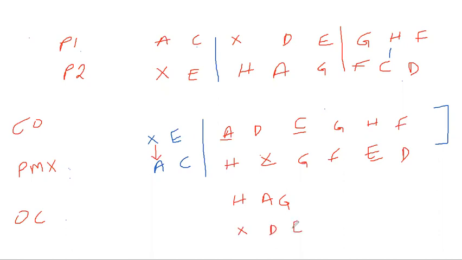So these are directly exchanged. Now from here I start traversing. G is occurring, so G will not come. H is there, H will not come again. I fill this position with F. So in this same order I start reversing. Yes, A is already occurring, so I cannot fill it, I put C. Then I have X, X is not occurring, I put X. Then I come to the next position, that is D, not occurring, so I'll put D. E not occurring, so E. So I have reconstructed it.